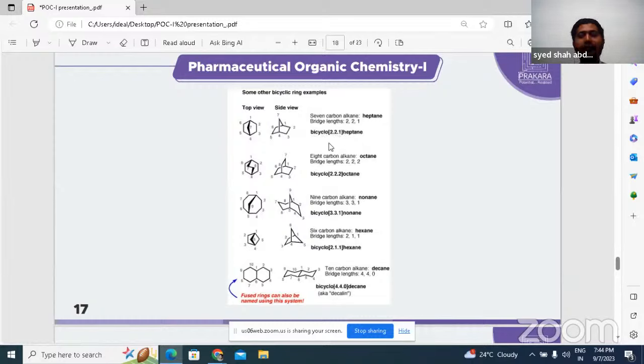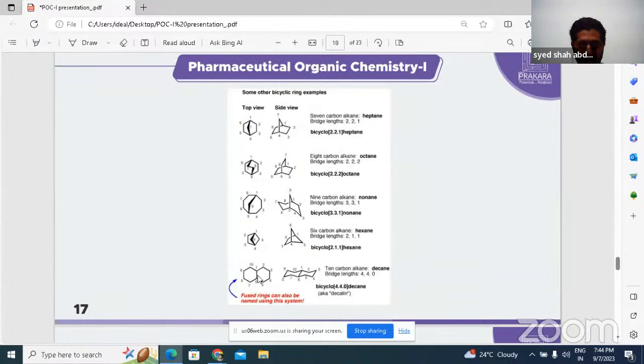How would we write it? It means excluding the bridgehead carbons. The first and fourth carbons are bridgehead carbons. Excluding those, how many carbons are left? There are 2 carbons left. On the other side, how many carbons are left? 2. In the bridge, how many carbons are there? 1. It's not necessary that there should be any carbon in the bridge. There are certain times when there won't be any bridge.